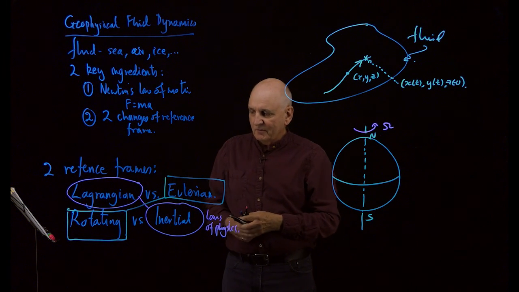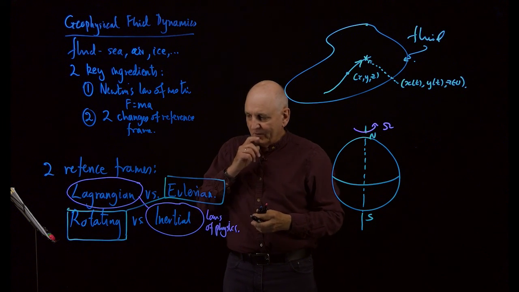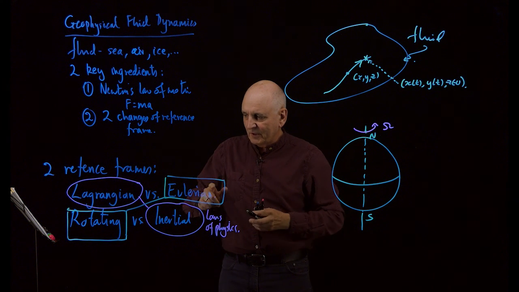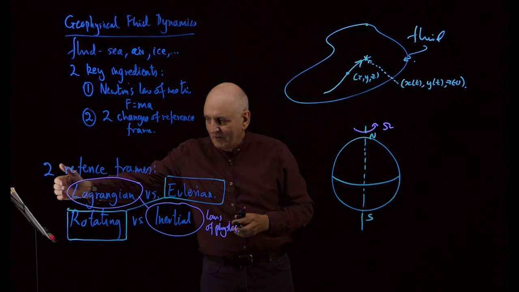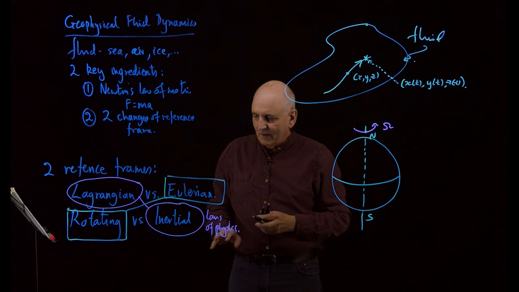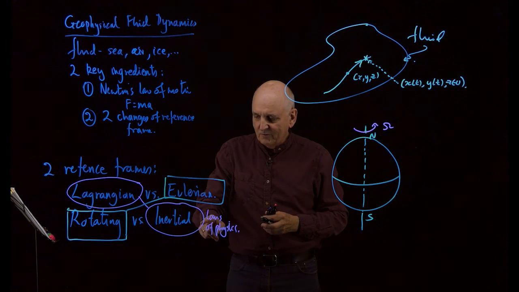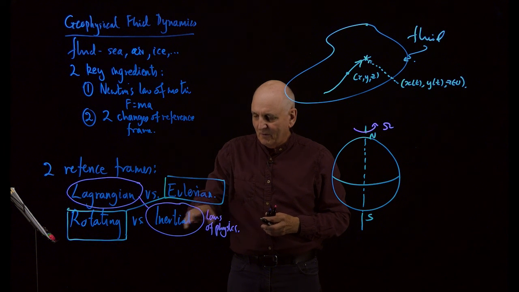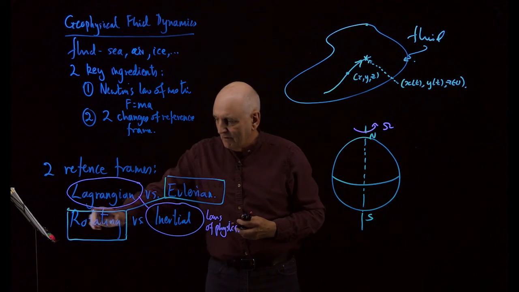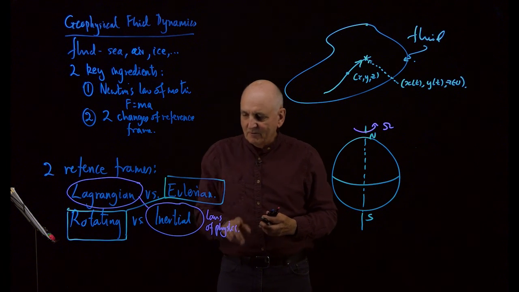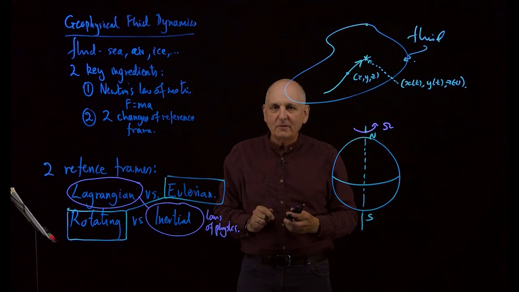So there's this irony here that the laws of physics are in the moving frame on this level, and they're actually in the frozen frame or the inertial frame on this level. But we live in the moving frame on this level and the fixed frame on this level.